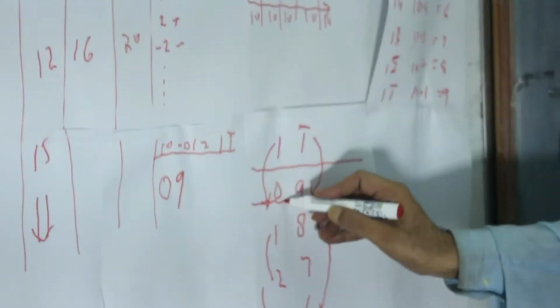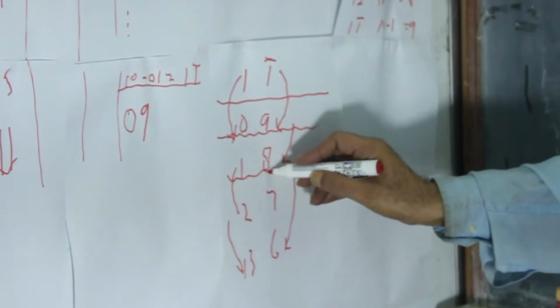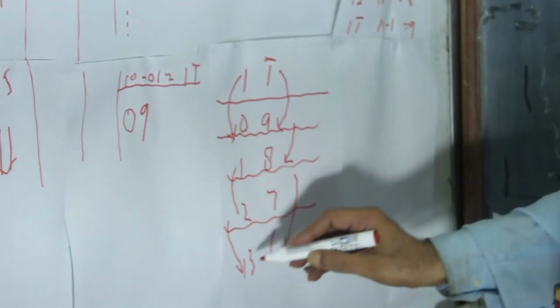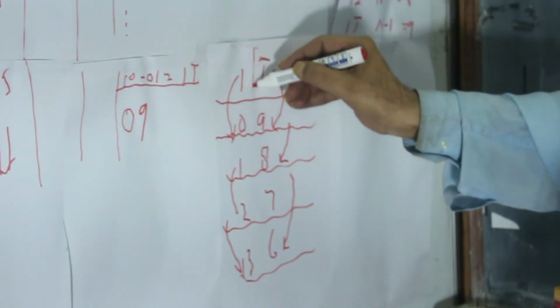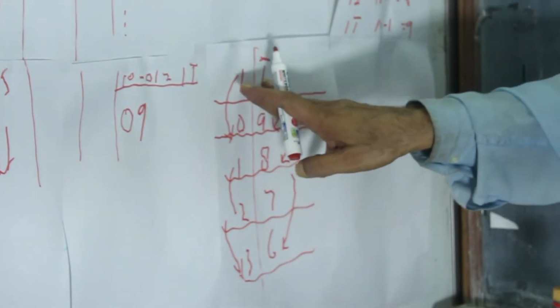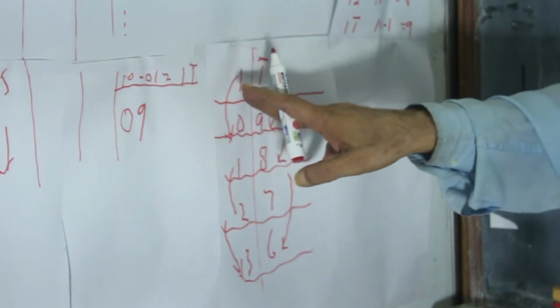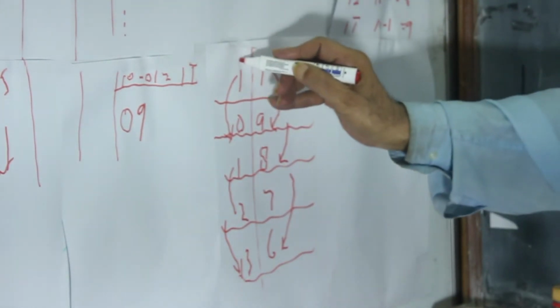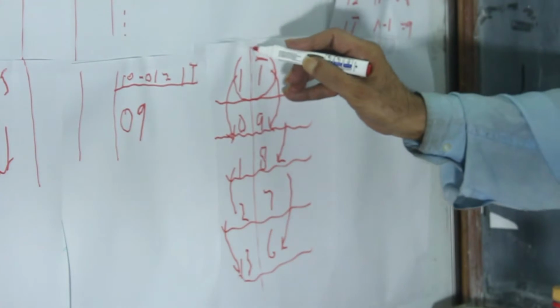So it is the first term of the table, it is the second term, it is the third term, and it is the fourth term, and these terms are being reached in this way, this technique of expression of 0,9 value.